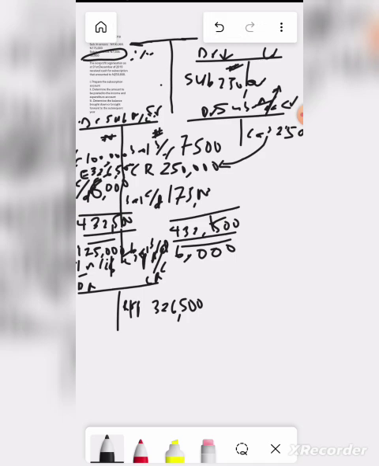So by knowing this, it will allow you to be able to post the balance brought down at the beginning. For subscription in advance on the credit side, which is a liability, the closing balance will be on the debit side. Okay, for subscription in arrears, the balance brought down or brought forward will start from the debit side, and the balance carried down will be posted to the credit side.